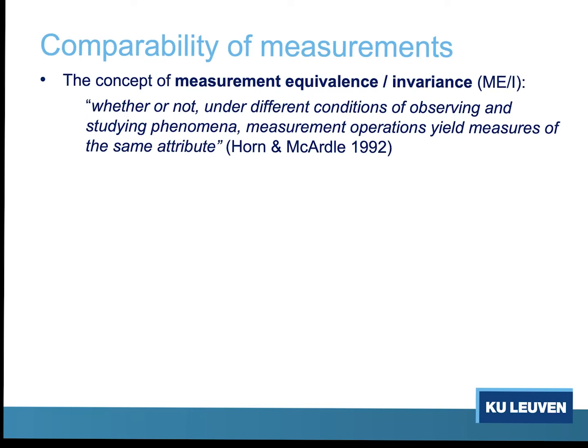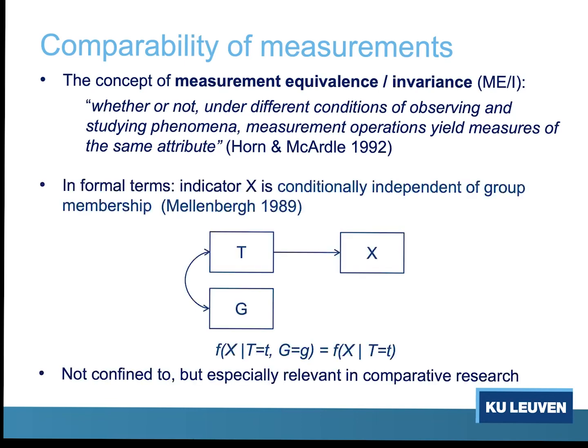And so here the concept of measurement invariance, in a very basic definition, is: if you have different conditions in which you observe, in which you use particular indicators, do they really yield measurements of the same attribute, of the same underlying construct, right? And so you could formalize this, and here you see that we're really working in the reflective tradition. If you measure a particular indicator X, we assume that it reflects an underlying true score T.